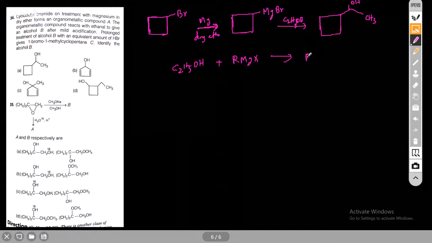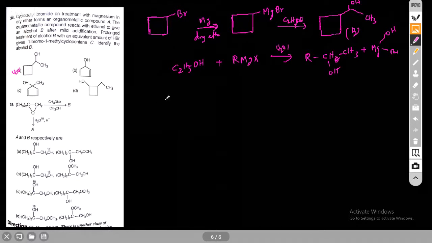R, CH2 CH3, sorry, CH3 OH here, plus we'll get MgBr OH. H2 also will have over here. So this is the product B we have here, right? The compound reacts with ethanol to give the alcohol B. So this is the alcohol we have, which is the answer option A.